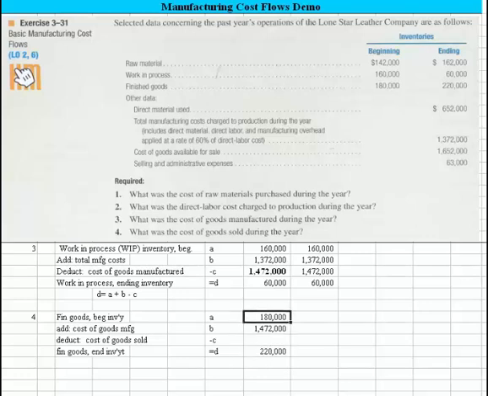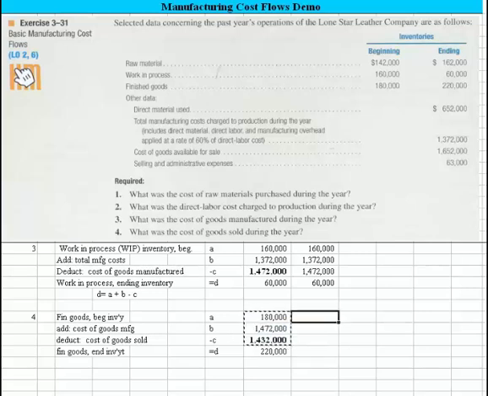Okay, so again, algebraically, we can say D is equal to A plus B minus C. Rearrange the terms, and you will solve for C. Since we've done that in Part 1, I'm not going to do it again, but I know the answer is 1,432,000. Now, let's check and make sure that's the case.